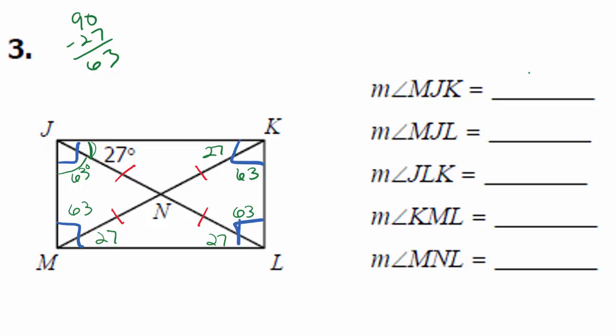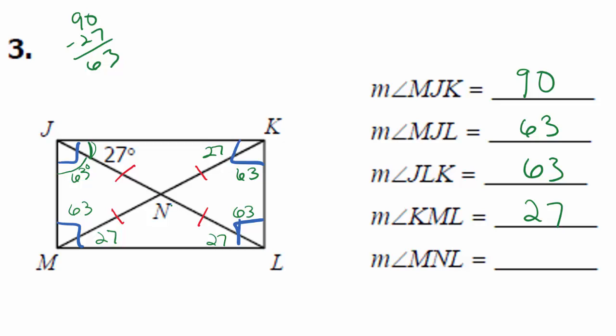Okay, let's fill out as many of these as we can here. MJK, we know that's a 90-degree angle. MJL, 63. JLK, 63. Is that right? Of course it is. KML, 27 degrees. And then MNL.